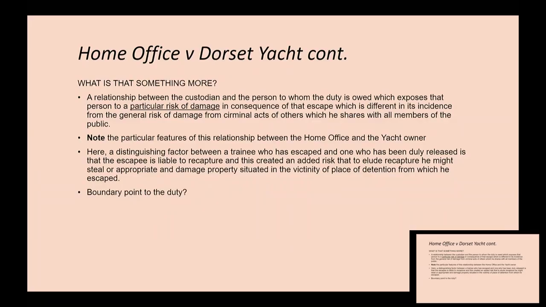Okay, so they'd adopted this kind of open-air system of custody. They knew they'd escaped before, they'd stolen things before. The only way they could escape from this open-air island was if they stole a boat. Surprise, surprise, they did exactly that. Okay, this put the plaintiff in a position of suffering a particular risk of damage.